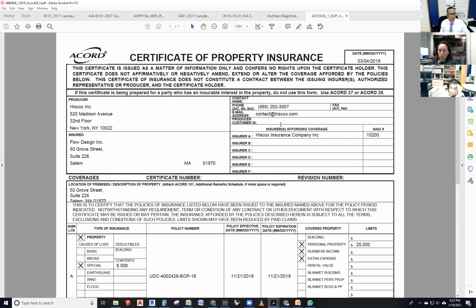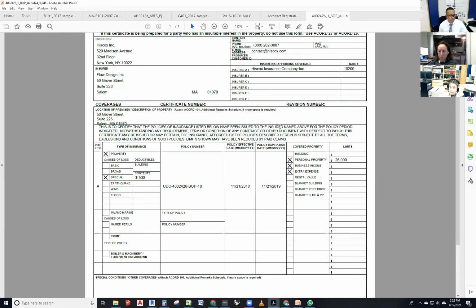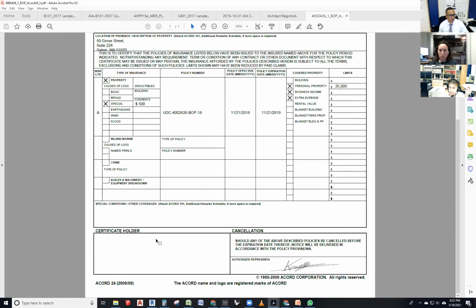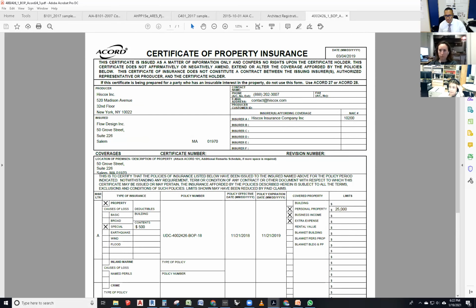This is the certificate of property insurance. This is protecting my assets at Flow Design Architects. And if I was to cover somebody else, this would say who the certificate holder is and the name of the certificate holder in there. So this is, again, for my property insurance.